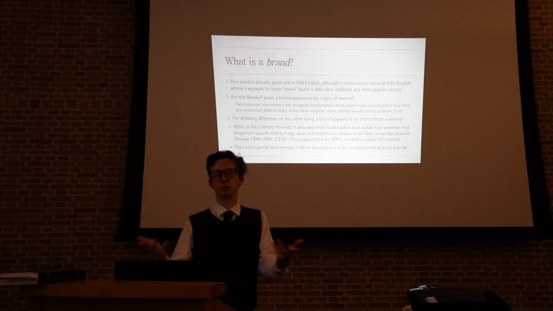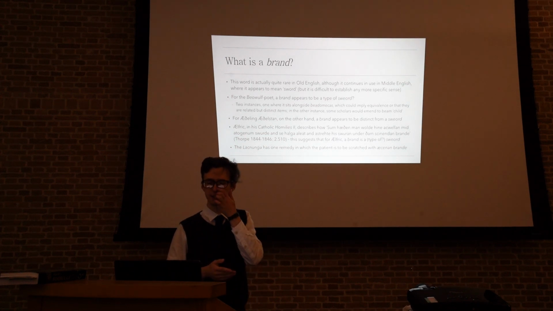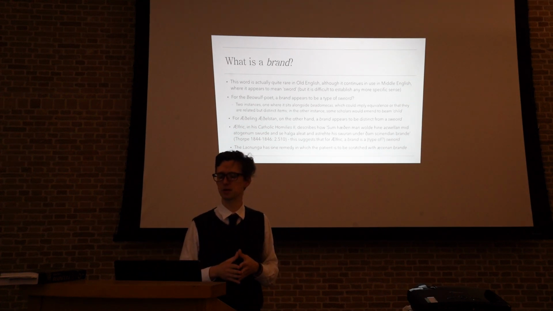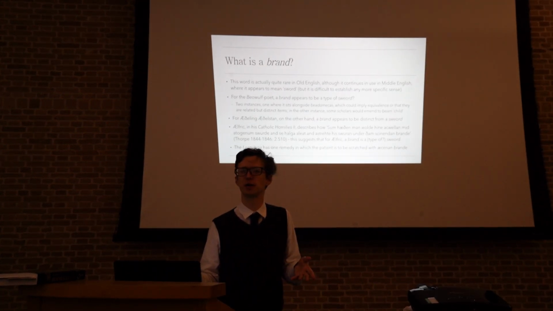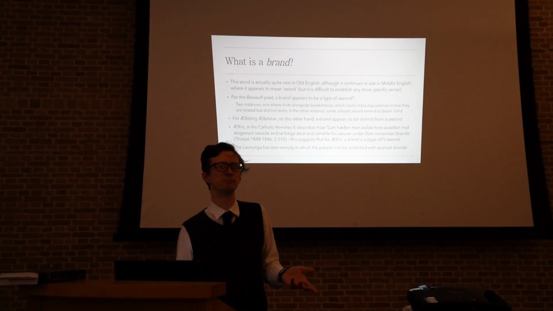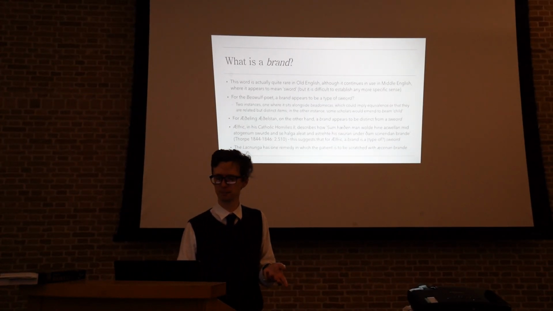And when you look at different authors, you find they seem to be using it in slightly different ways. The monk Alfrich, around about the same time, clearly thinks brand is a type of sword, but again, he's not giving us much detail, and he probably doesn't really concern himself very much with that sort of thing as a monk.